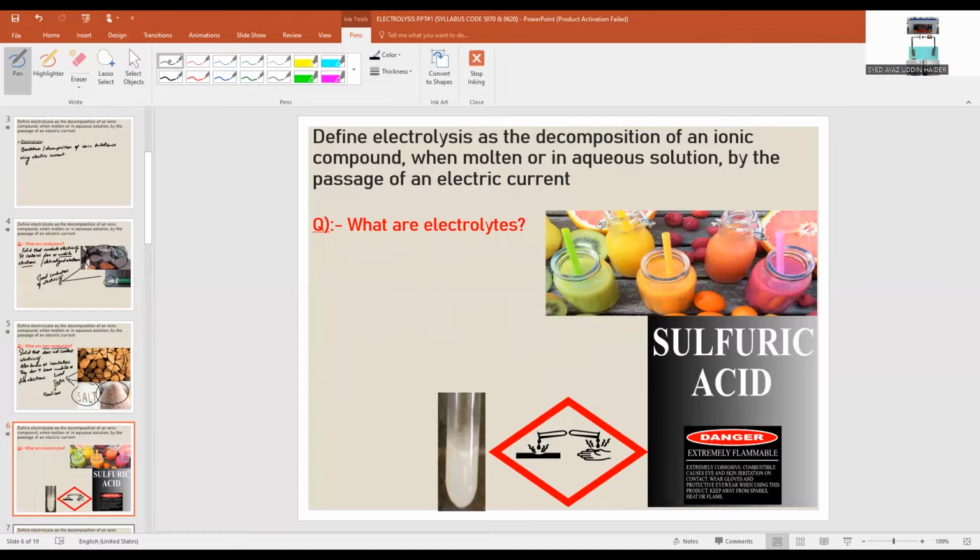Well, let's talk about electrolytes. What are electrolytes? Electrolytes are liquids that conduct electricity.